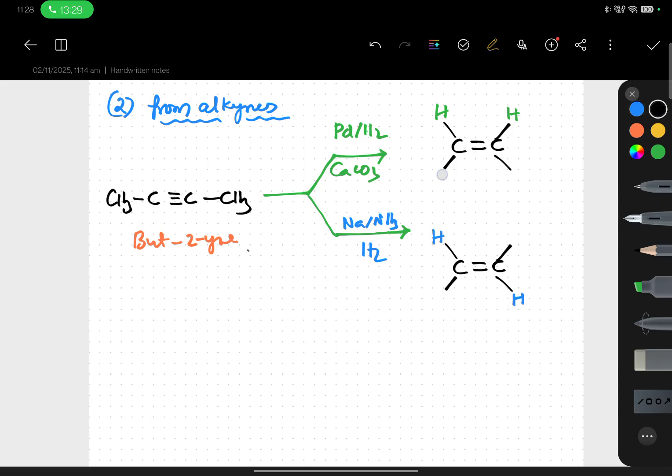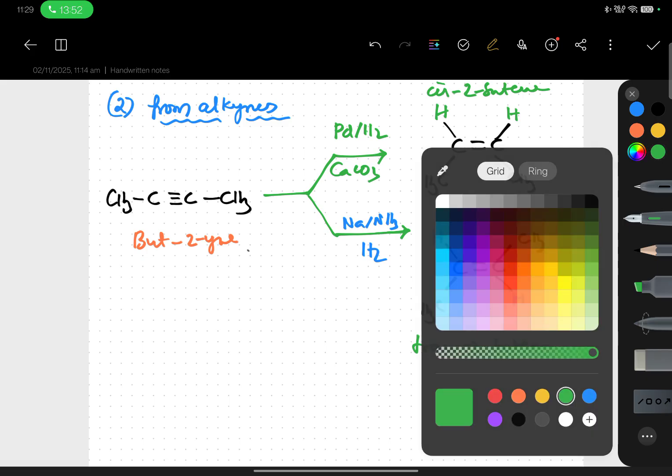Thereby, the methyl will be in the opposite direction in the second case, while in the first case it's on the same side. So this is butene. This catalyst palladium will give you cis-2-butene, while this will give you trans-2-butene.